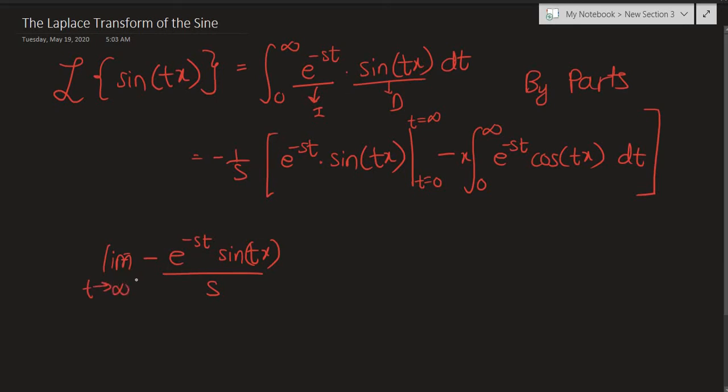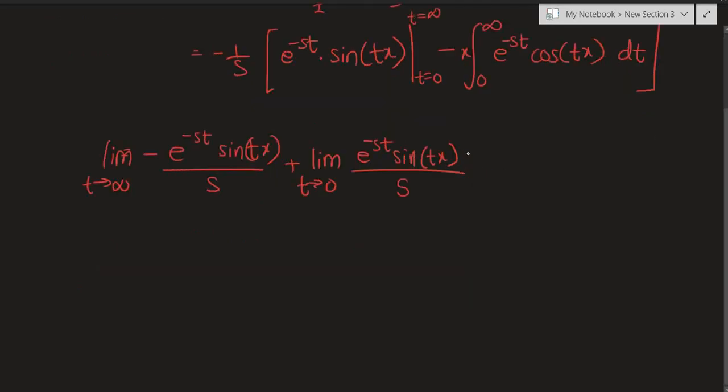So limit as t approaches infinity, minus of minus will be a plus, limit as t approaches 0 of e raised to negative st times sine of tx divided by s, and this is going to be minus minus plus x over s times the integral from 0 to infinity of e raised to negative st times cosine of tx dt.